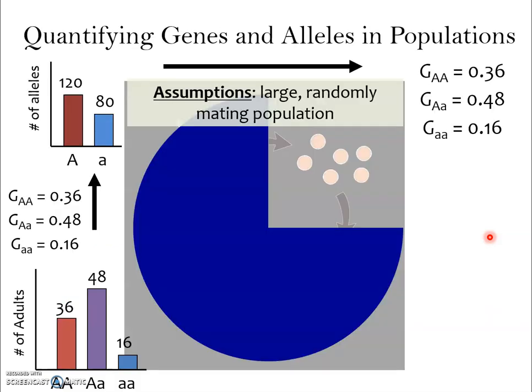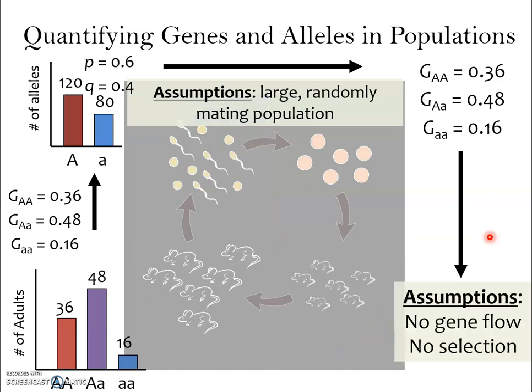So here's how they come in on our life cycle. As we transfer from gametes to zygotes, we're assuming that our population is large and that individuals are mating randomly. They're not mating with any bias towards the alleles that their potential mates have. As we go from genotype frequencies in one generation to the next, we're assuming there's no gene flow, no alleles coming in or leaving.